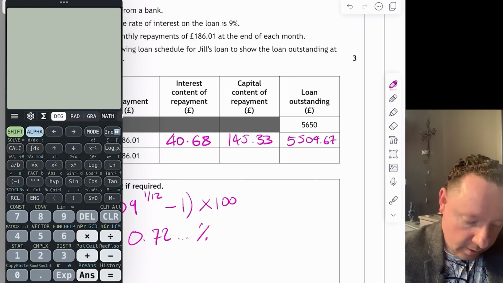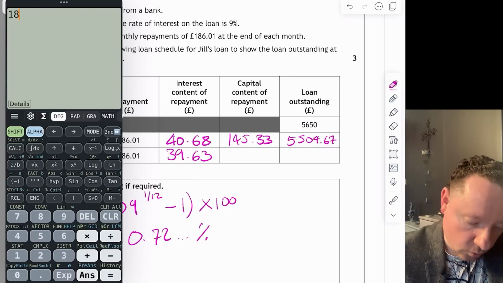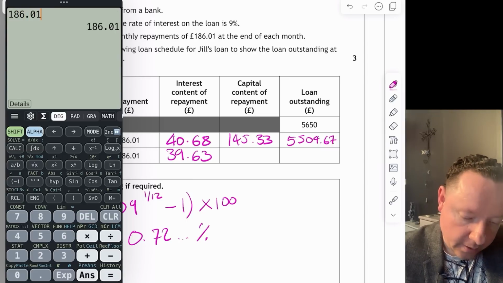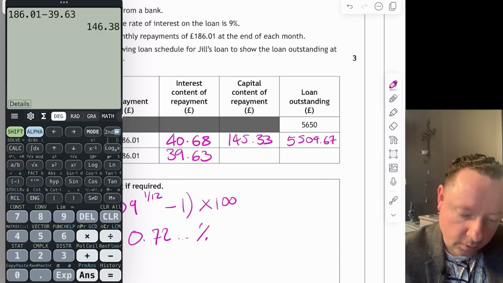So it's £5504.67 times 0.72%, £39.63. 186.01 is the payment minus the £39.63 to give 146.38.